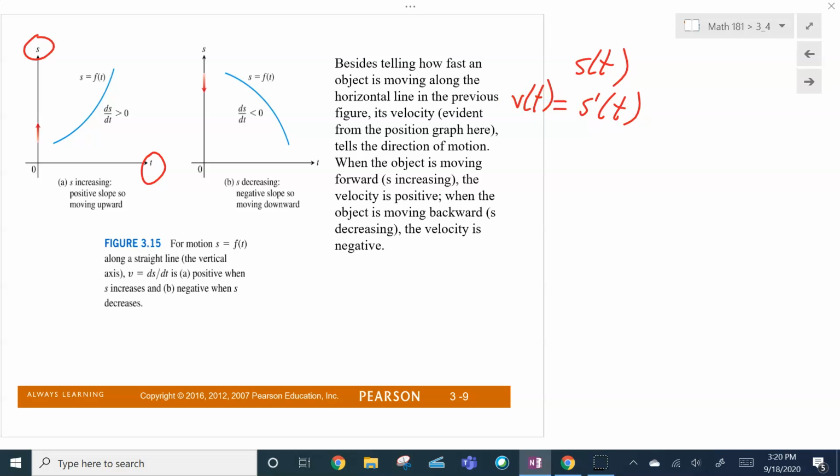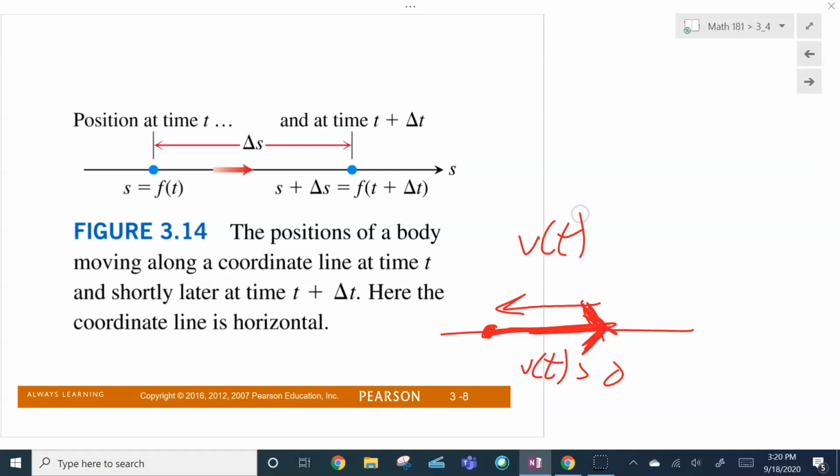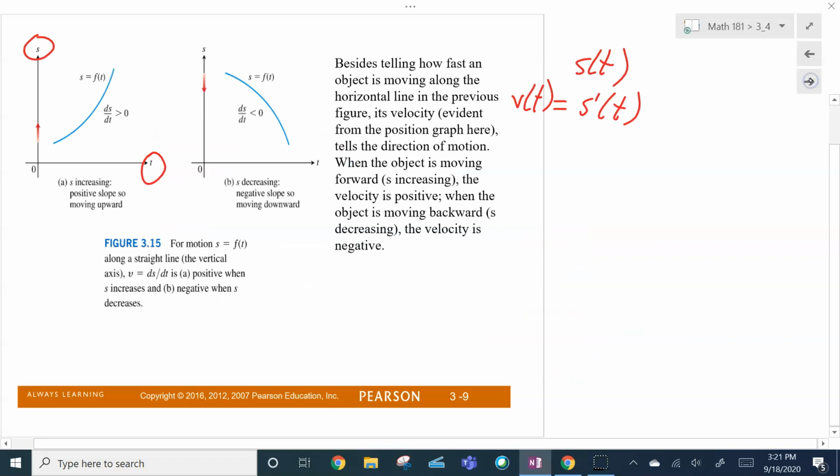Oh, I'm sorry, I said this wrong. If your velocity is positive, you're going to the right here. If your velocity is negative, now you're going back towards the left there. Okay, all right, so back to our position graph.